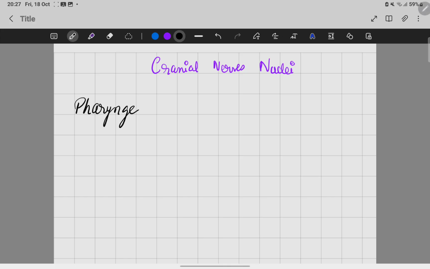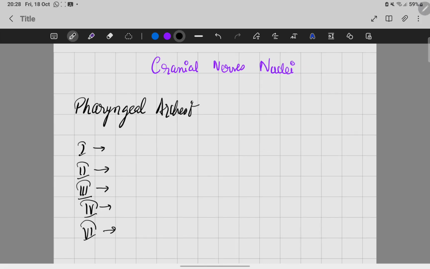Pharyngeal arches: 1, 2, 3, 4, and 6. The first arch is supplied by the mandibular nerve.